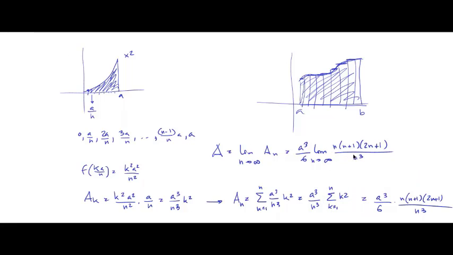If you see, n times (n plus 1) goes like n squared, and this is like 2n cubed divided by n cubed. This limit is 2. So this area is a cubed divided by 3. Okay, that's the area between 0 and a below the function x squared.